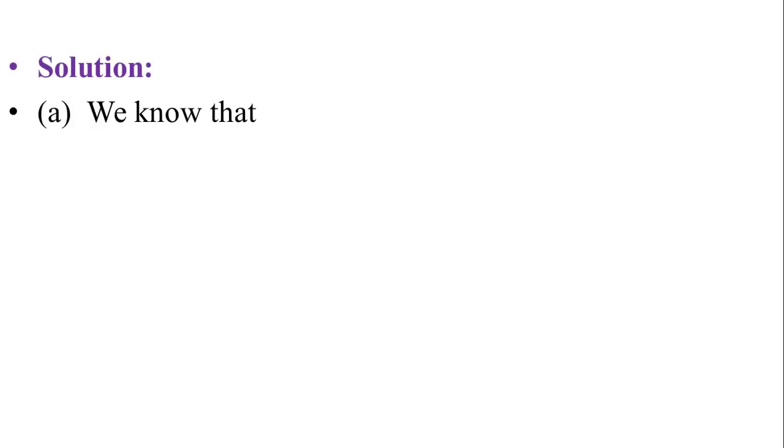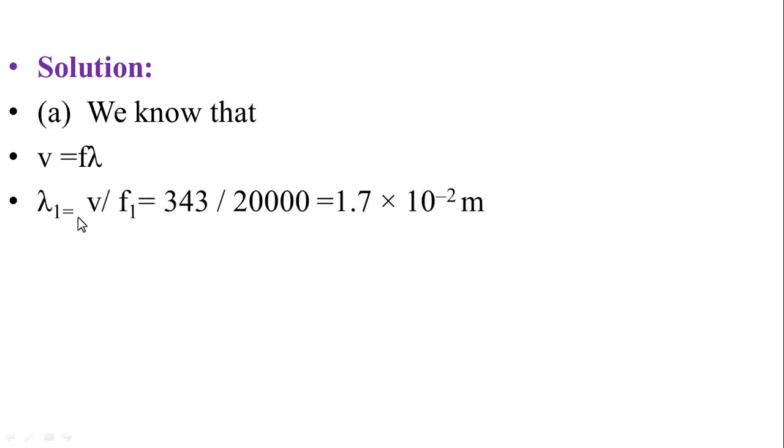We know that for the first part V is equal to F lambda, then lambda 1 is equal to V upon F1. Putting the values, 343 divided by 20,000 is equal to 1.7 multiplied by 10 raised to power minus 2 meter.